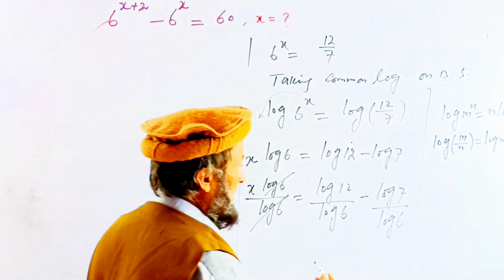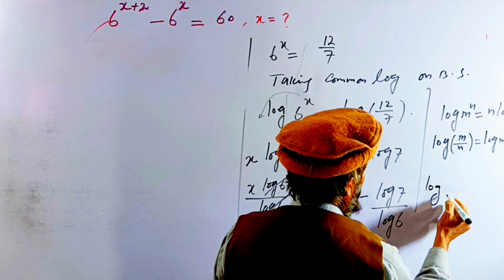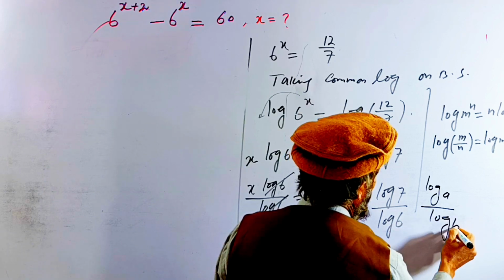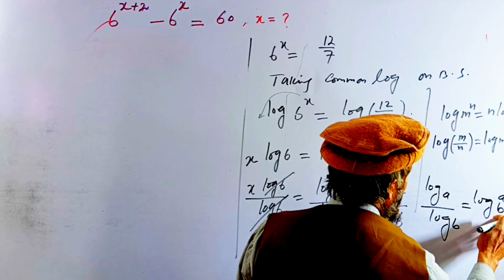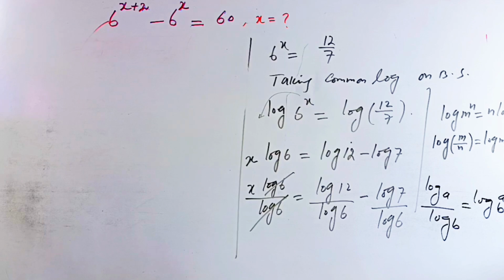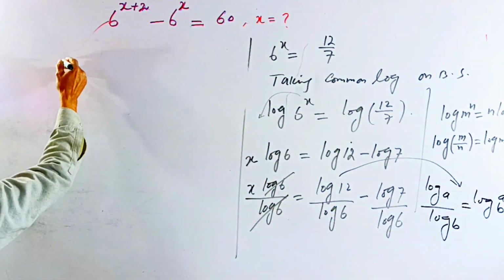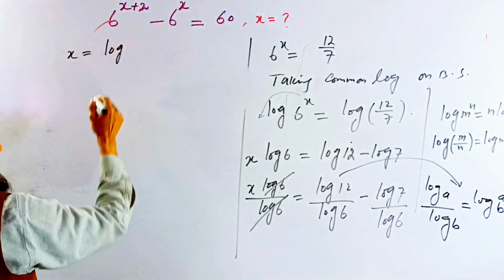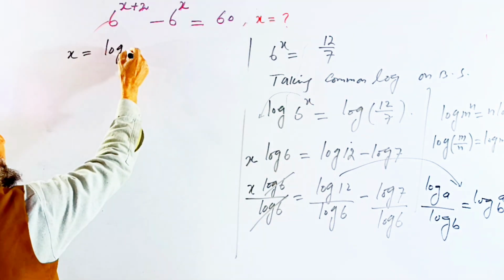According to the base law, log of a divided by log of b is equal to log base b of a. According to this rule, we can write x is equal to log base 6 of 12 minus log base 6 of 7.